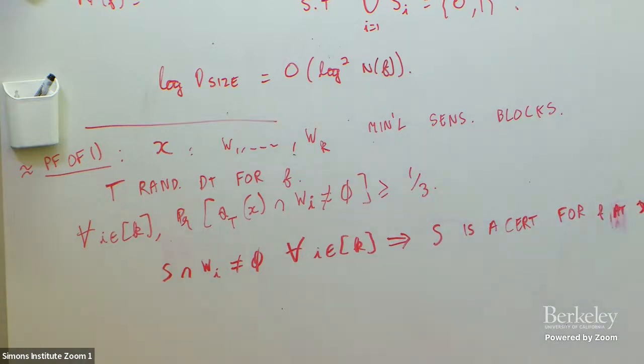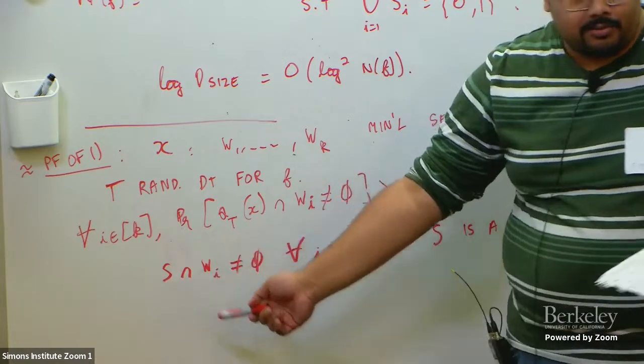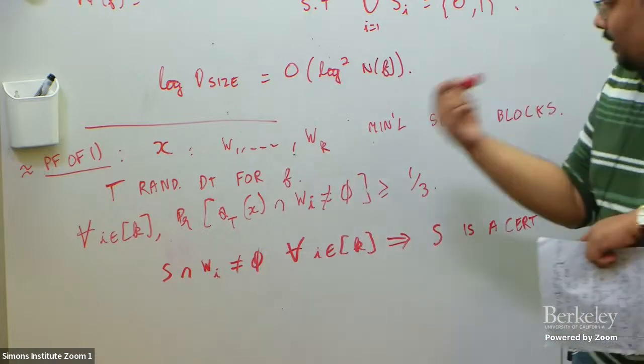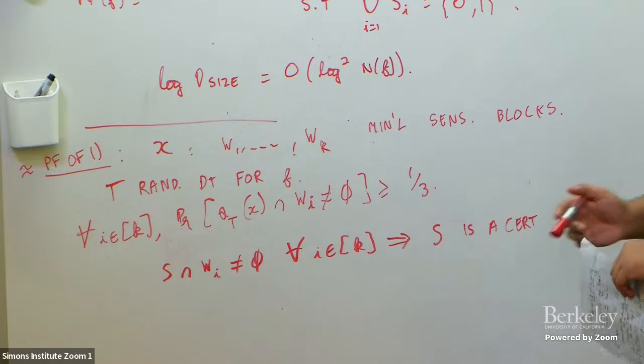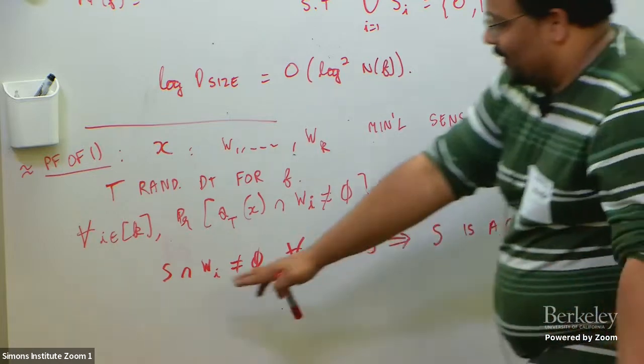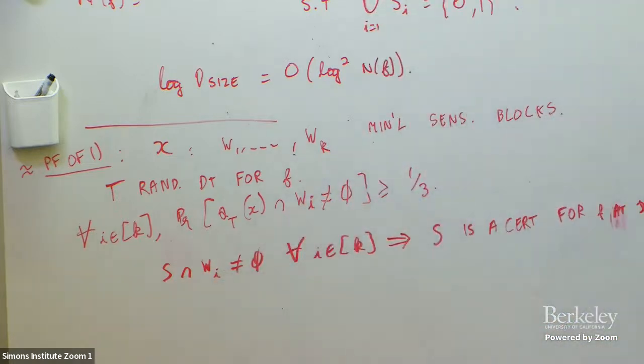This means no matter what input you have, as long as it's consistent with values in S that you've read, its function value is the same as f of X. So in other words, all inputs consistent with this is F monochromatic.